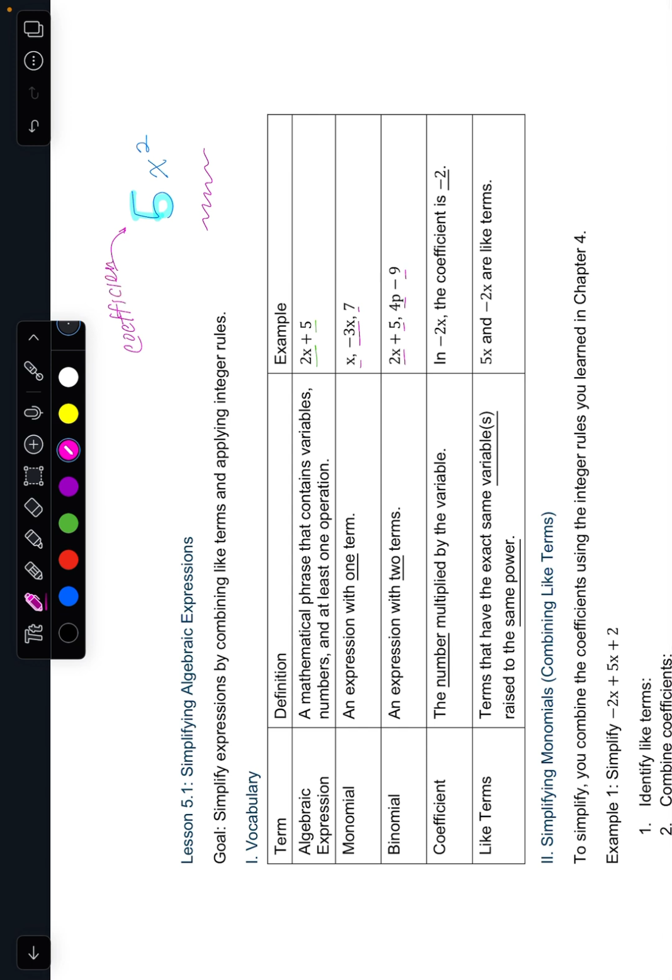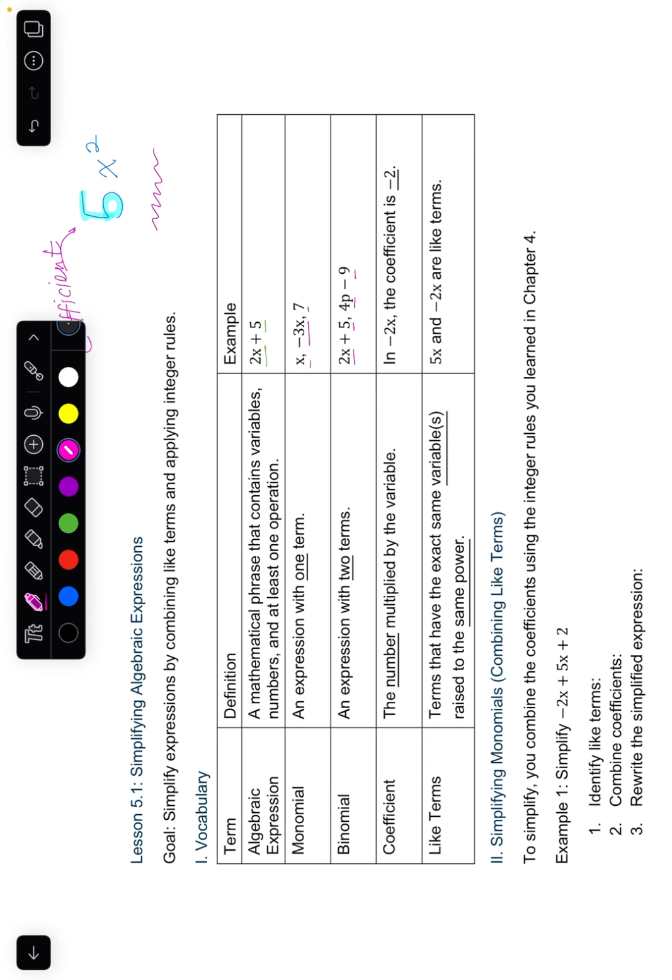Okay, and when you see that number in front of the variable, it means 5 times whatever that variable is. So in between the 5 and our variable is considered multiplication.